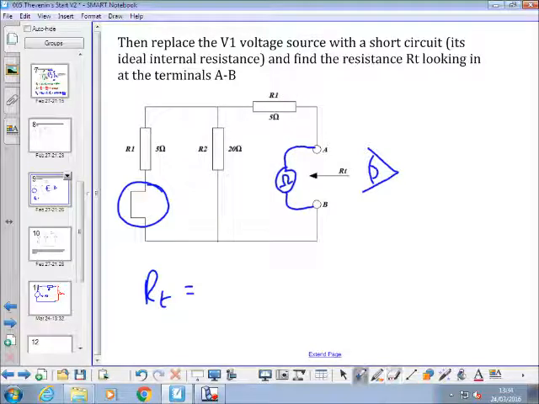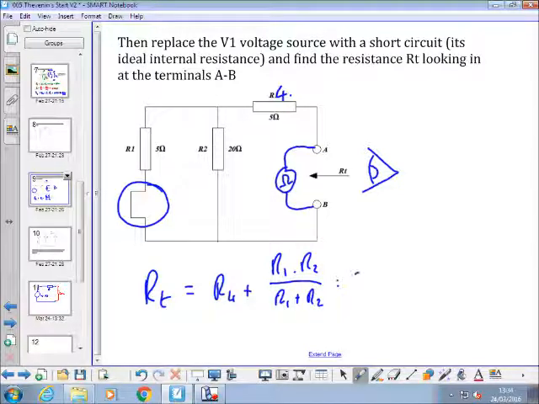We'll call that R4. So what's the formula to find the Thevenin resistance, looking back in this case? It's going to be R4 plus, how are those two connected, Carl? Parallel. They're parallel, so it's going to be R1 times R2 over R1 plus R2.